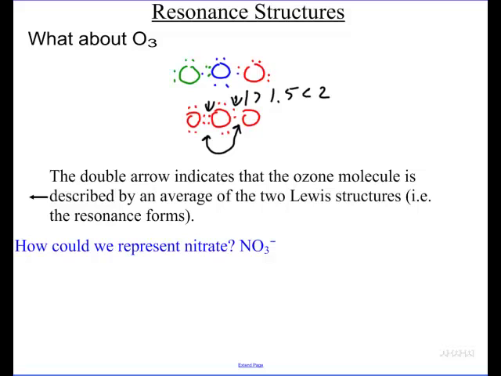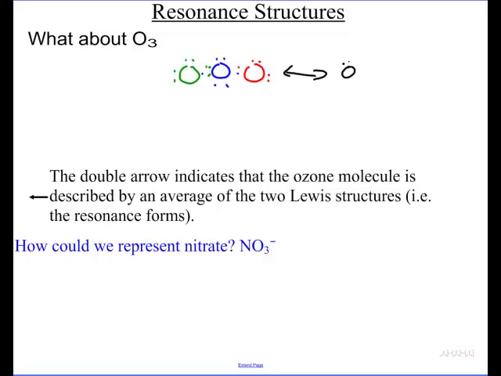So what we do is we draw a double arrow. Let me erase some of this because this is getting really messy. We draw a double arrow that represents all the models. Okay? So I'm going to go like this.